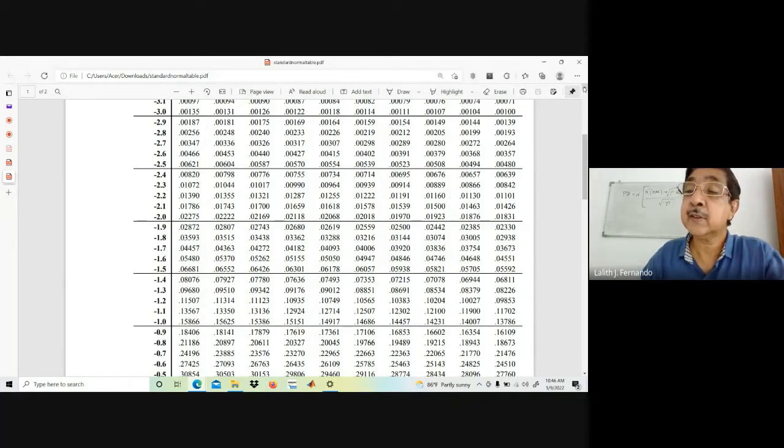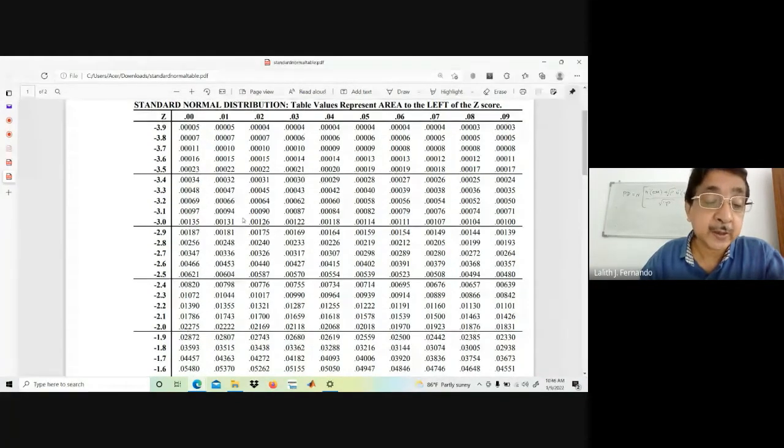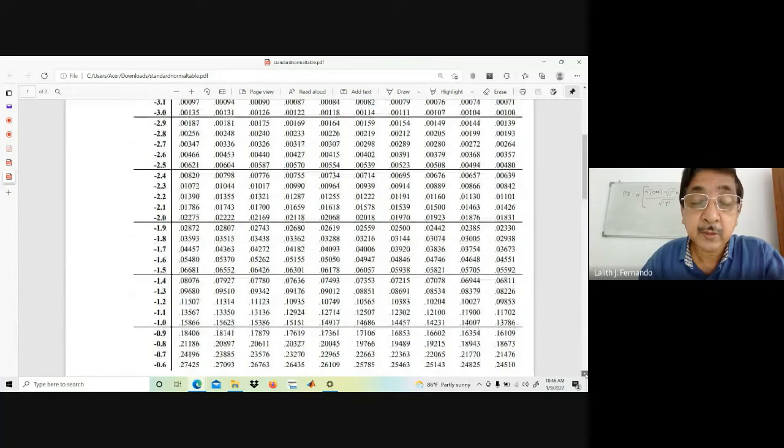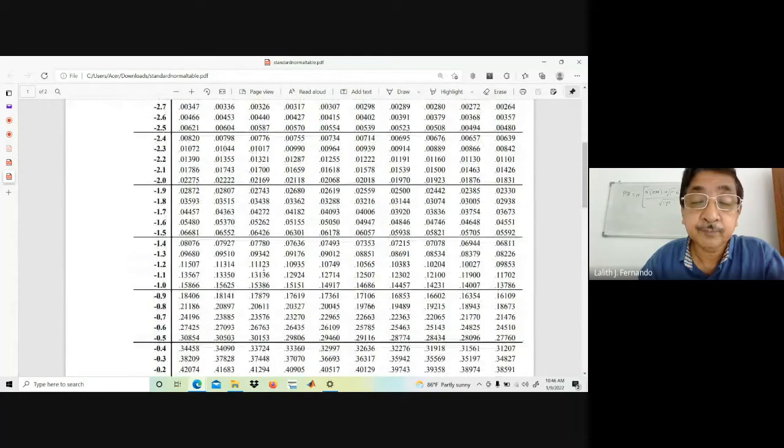It is 0.3. Here, 0.3. Then minus 1.03 is the answer if you take it as 0.1515 something. But here is the place.